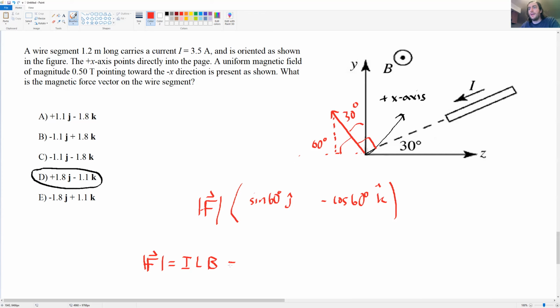And so you can plug in the numbers yourself here. We have 3.5 amps times the length of 1.2, and then half a Tesla for the magnetic field. No sine theta comes into this expression for the force on the wire because the magnetic field is perpendicular to that current there. So multiply these numbers out.